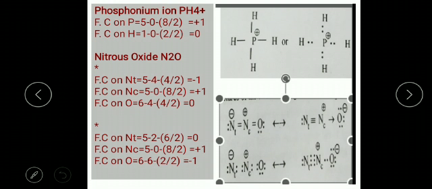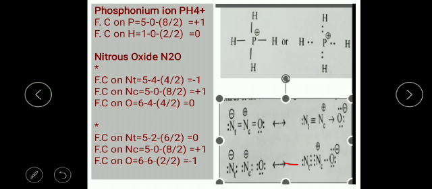Then we took the other structure of N2O. Here the formal charge on Nt is 5 because valency is 5, minus 2 as this lone pair, minus 6 as 3 bond pairs, divided by 2, so it gives formal charge 0.